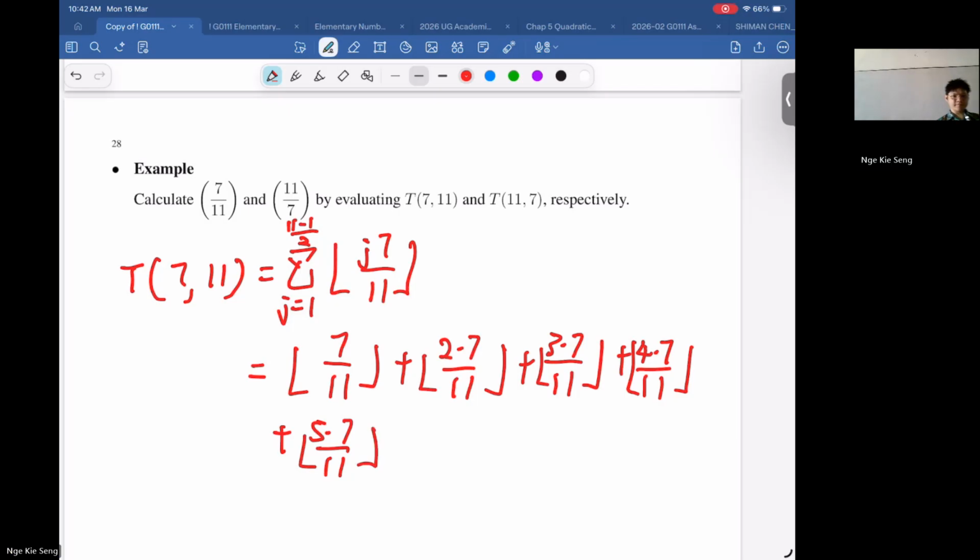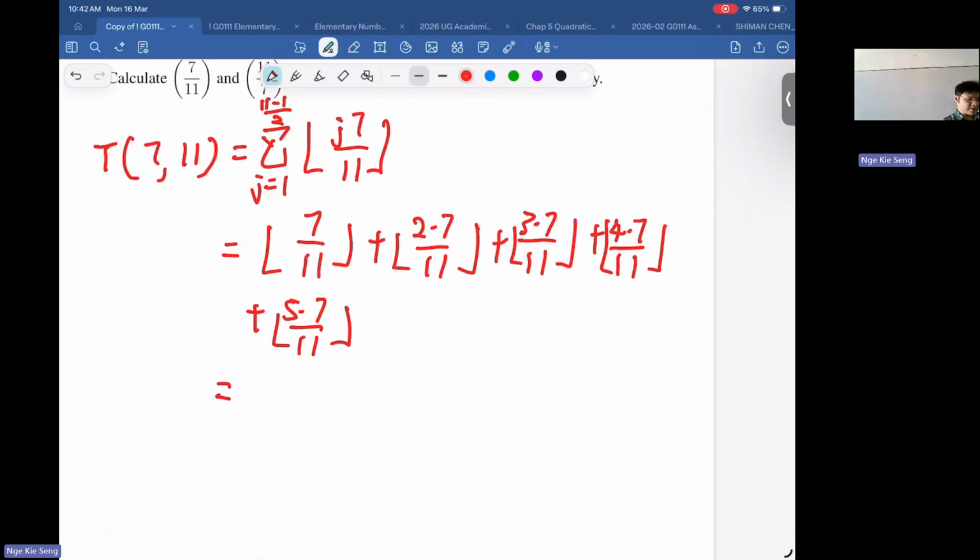So the first one is 0 point something, so the floor is 0. Second one is 14 over 11, so it's 1. The third one is 21 over 11, 1 as well. You haven't reached 2 yet. And then 28 over 11, 2. And then 35 over 11, 3. One way to quickly do it is to write it in this form: 7 over 11, then 14 over 11 is 1 and 3 over 11.